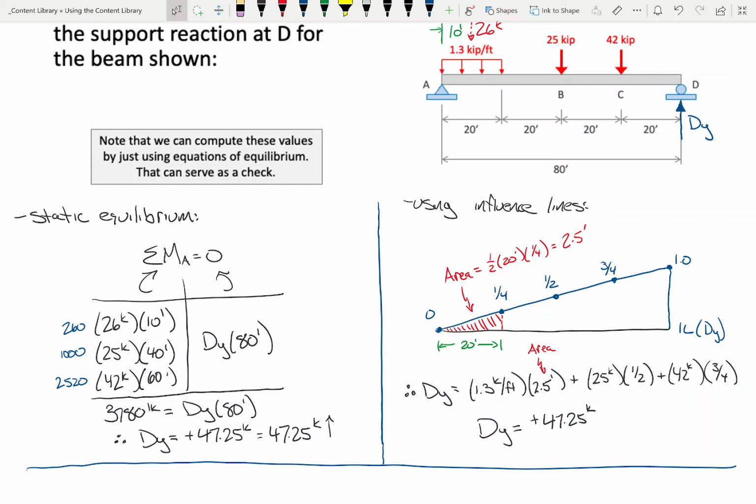Does that make sense? Is that kind of a mind-blowing kind of thing? I think it's kind of cool that you can use this tool to directly perform the structural analysis. Okay? All right. So, all right, any questions? Okay.